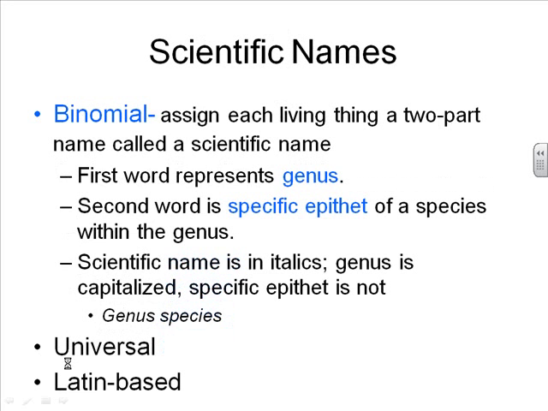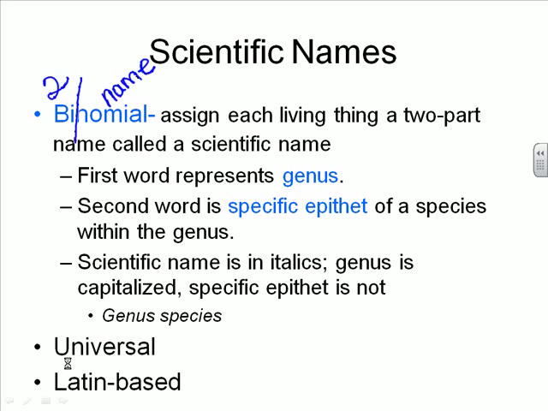So once we continue to go down our taxa, our levels, from our domain to our kingdom, to our phylum, class, order, we're going to eventually get down to where we can assign a living thing a two-part name. This is referred to as the binomial nomenclature. Nomial referring to a name, bi meaning two.